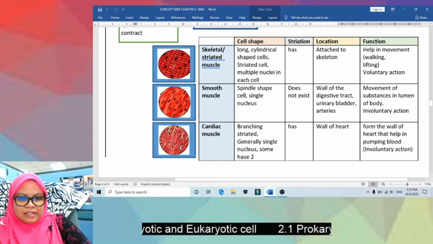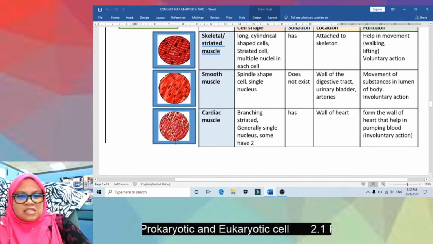And generally, each cell has only a single nucleus. But for skeletal muscle, usually multiple nuclei. Both are striated. Okay, but this one has branches, this one has no branches. This one usually has multiple nuclei, and cardiac muscle usually has a single nucleus.